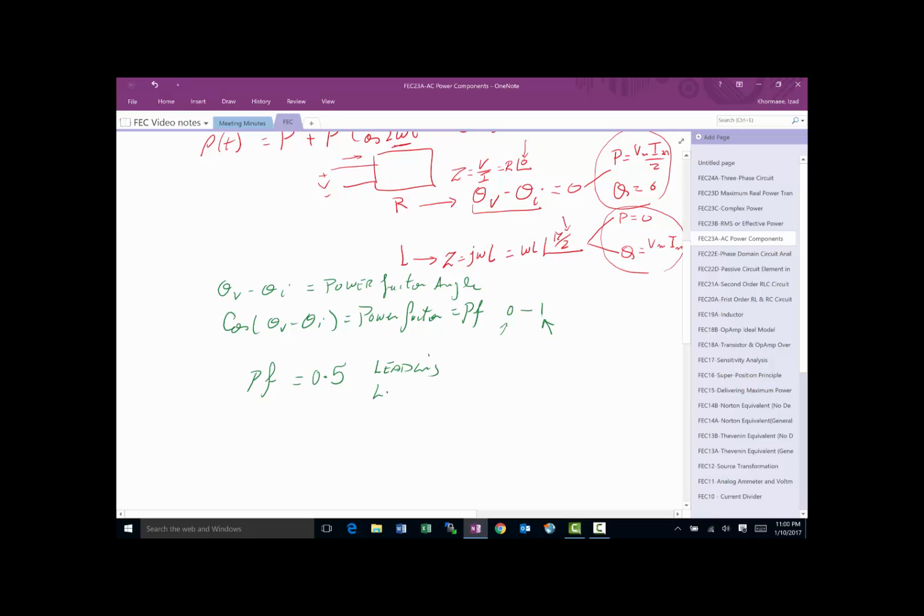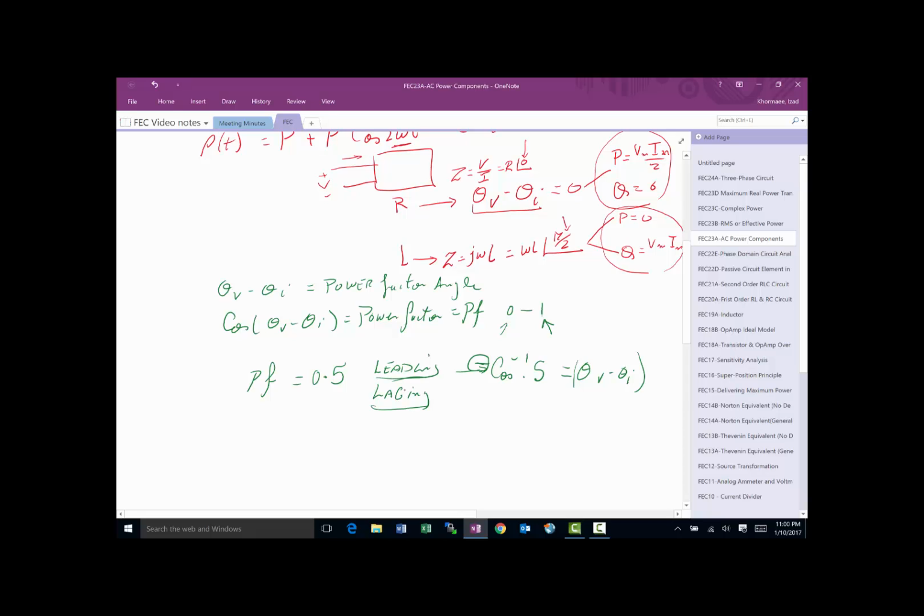If it's leading, they're saying theta I is leading theta V. If you think about it, theta I is larger than theta V, which tells us that when you take the inverse cosine of 0.5 to find theta V minus theta I, you have to make sure you add a minus in front of it, because theta V minus theta I has to be less than 0 if it's leading.